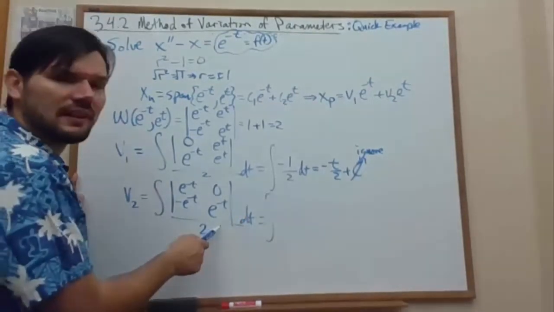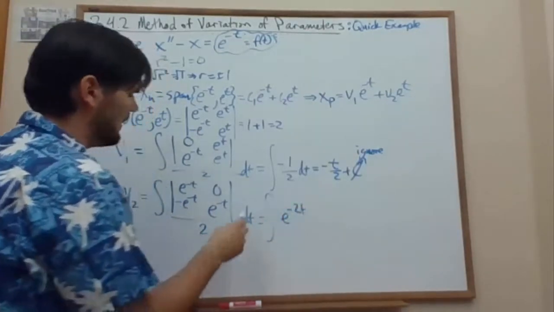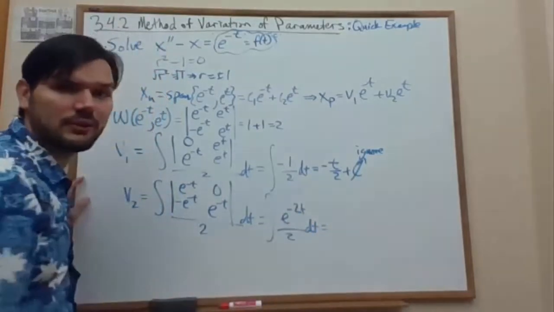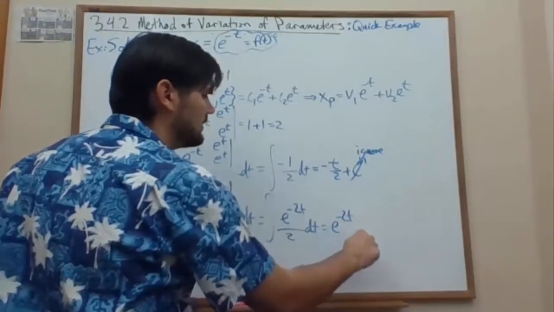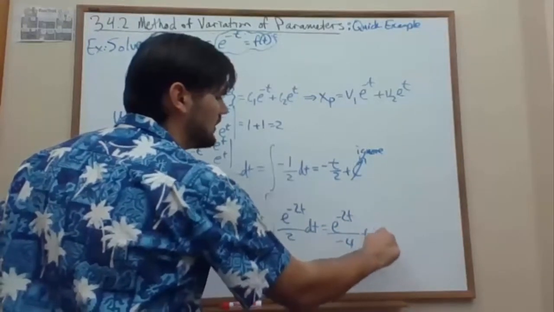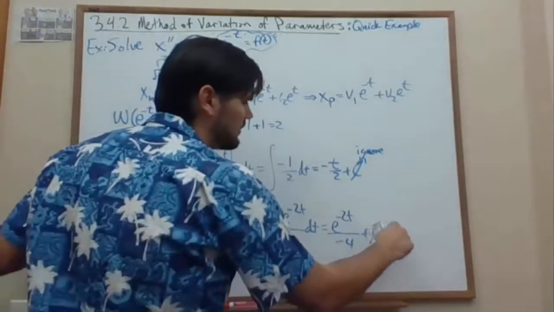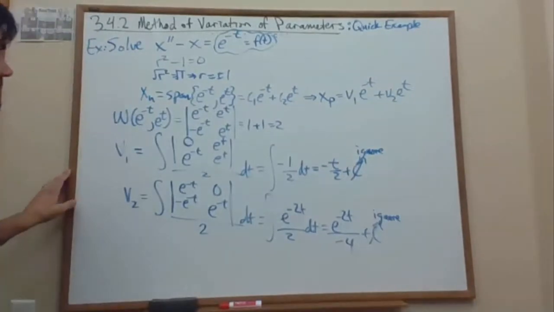And multiply down, we get a e to the negative 2t. And back up, we get minus 0. Okay, a little bit more interesting on the integration. We get e to the negative 2t divided by negative 4 plus c. Again, we choose the simplest version of this, so we ignore plus c there.